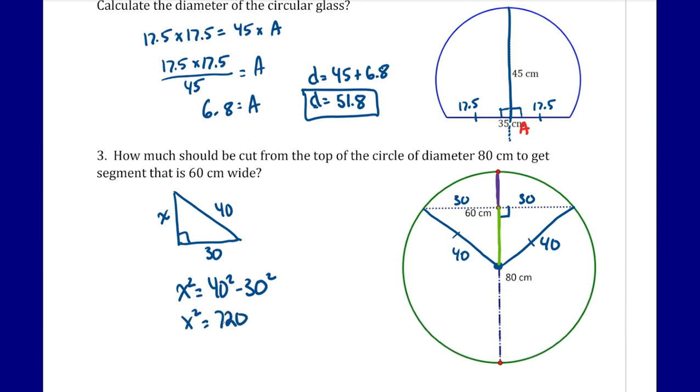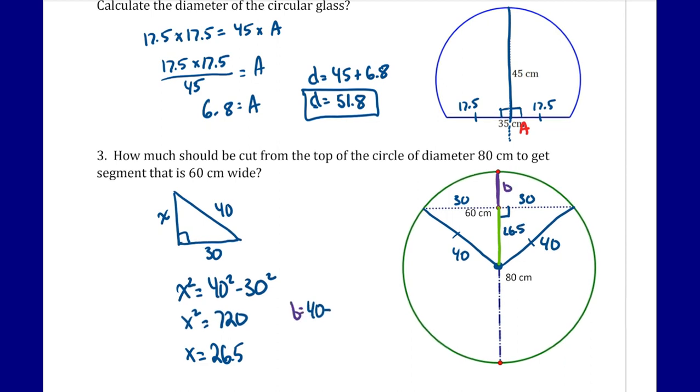X squared equals 720, x equals 26.5. So that means this measure is 26.5. So that means the remaining measure, on the other side of 26.5, has to be 40 minus, we'll call this b.